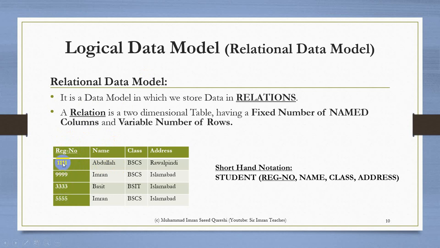So here we have the primary key, and we normally keep the records sorted on it. So 1111, then maybe 3333, 5555, and then 9999. But I again repeat, it is not required, it is not standard, but in order to make searching fast, we keep all these sorted on the basis of primary key.